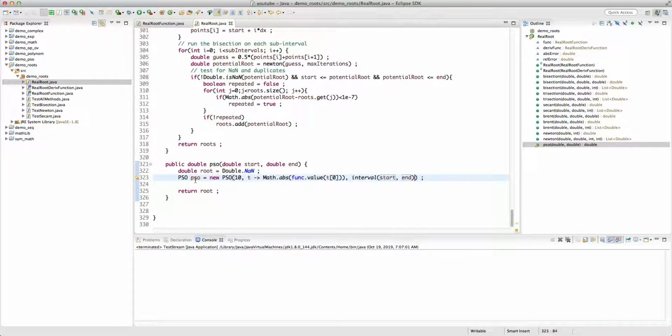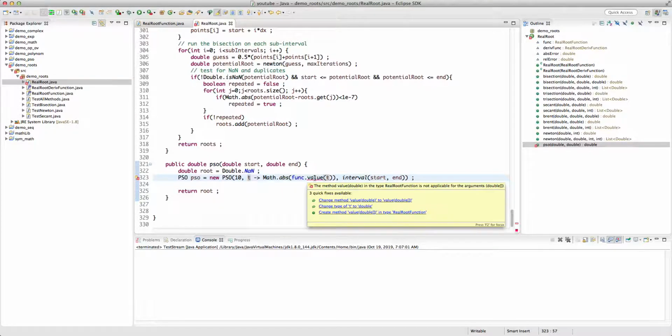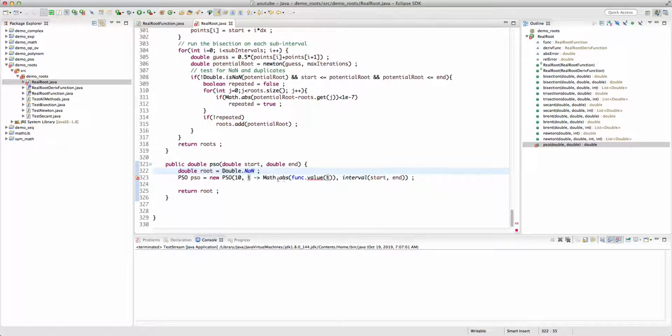All right, so now we have this PSO, and let me just remove this, and it should give an error, and the error says the method value expects a double, but we are passing an array of doubles because the fitness function interface was defined for an array of elements because it was an n-dimensional function.